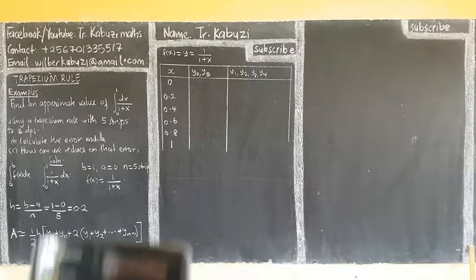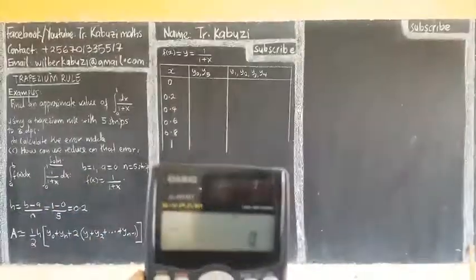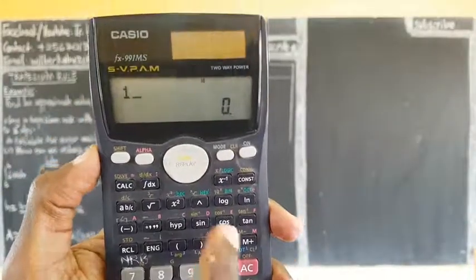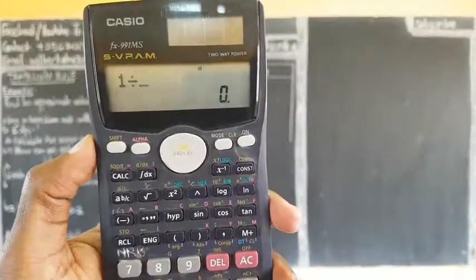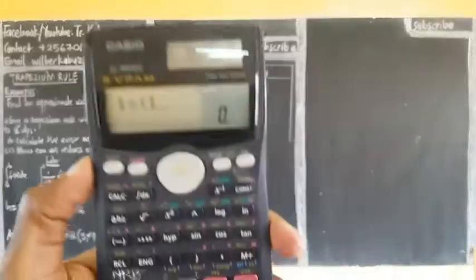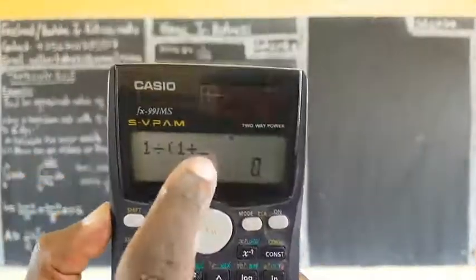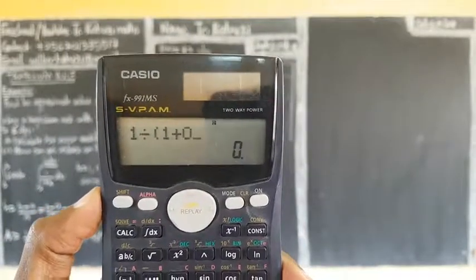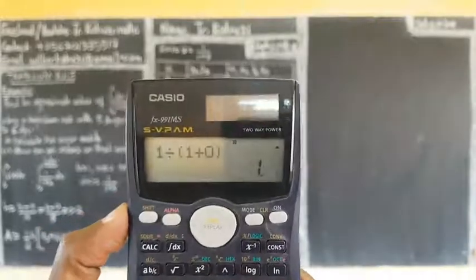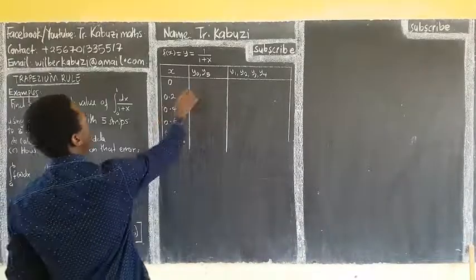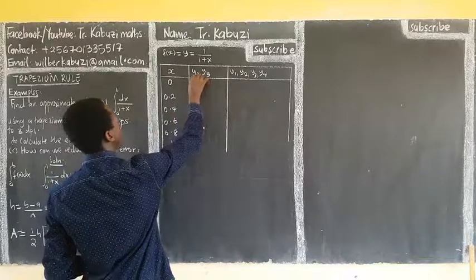What you do, you get your calculator. You start, the value is 1, so you say 1, divided by 1 plus the x value. The first x value is 0. When you put equals, you get 1. So it means that our y0 is 1.